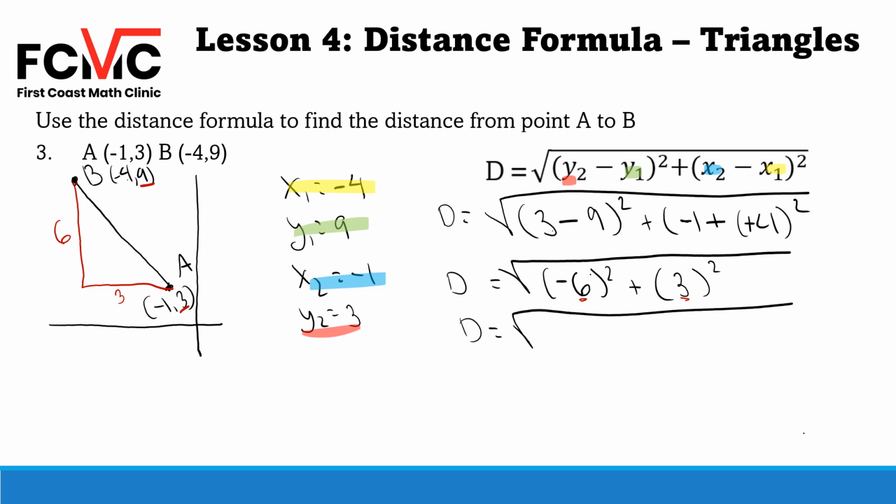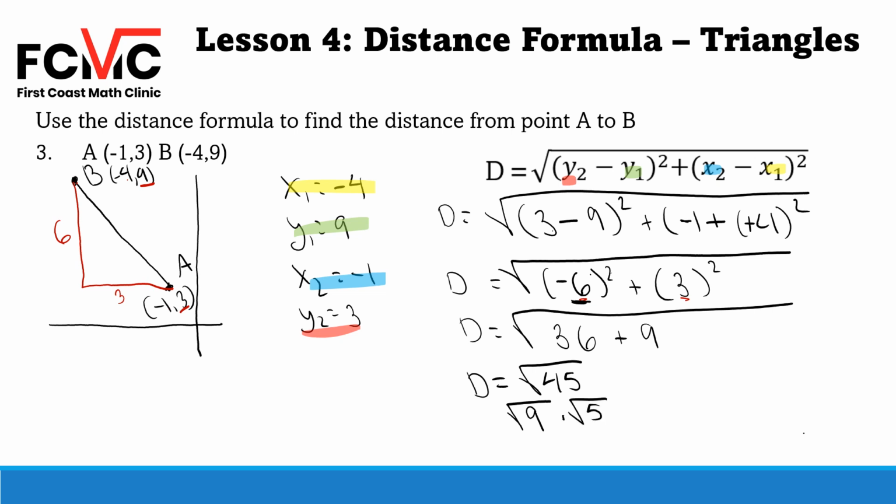And again, even though this value here is negative, we're squaring it, so it's just going to become positive anyway. So we get 36 plus 9, and our distance equals the square root of 45. So let's find our exact square root and our approximate square root. So our exact square root, we could break this up into the square root of 9 times square root of 5.